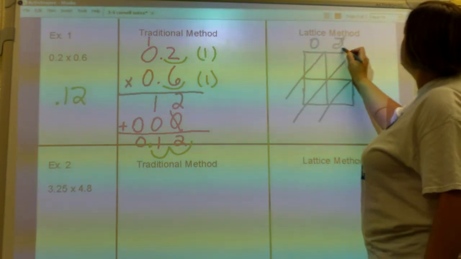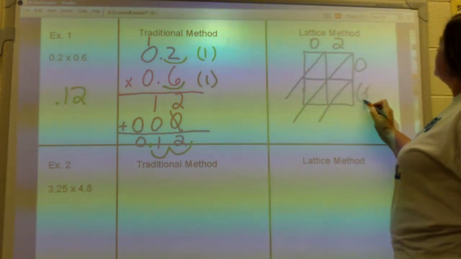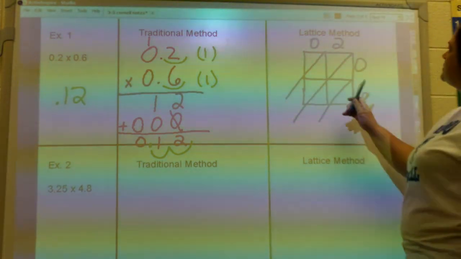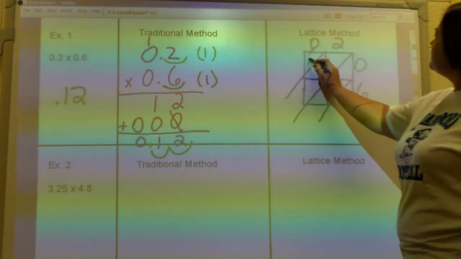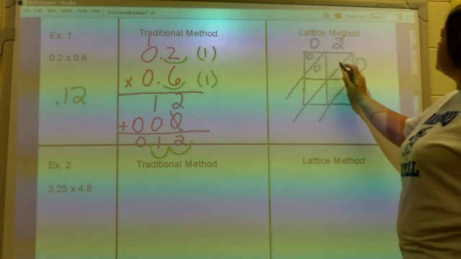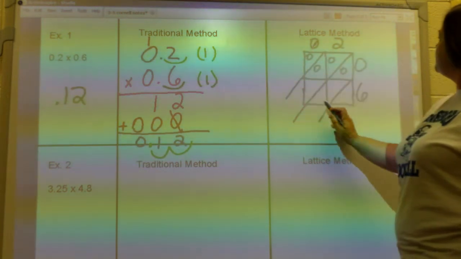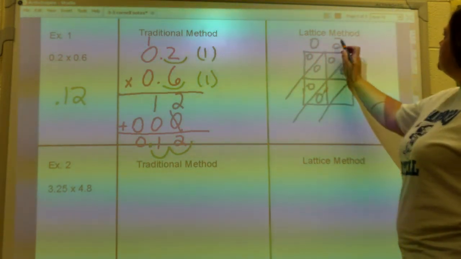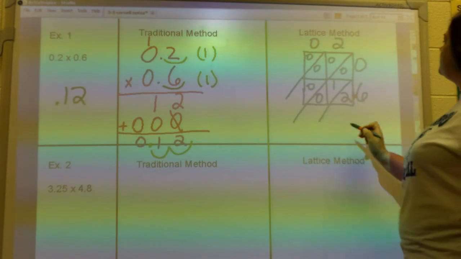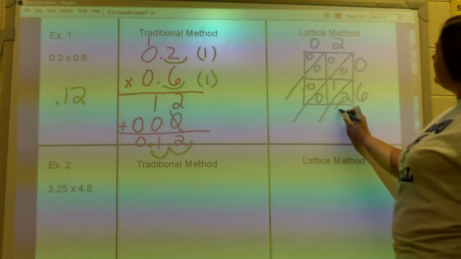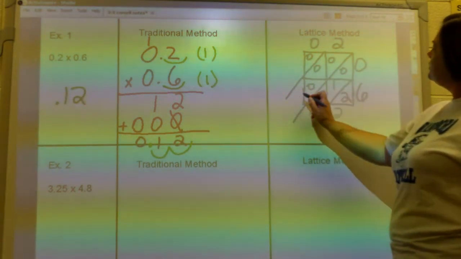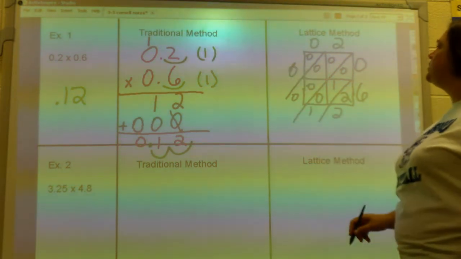So 0, 2, 0, 6. So doing lattice, I'm doing 0 times 0 is 0. 2 times 0 is 0. 0 times 6 is 0. 2 times 6 is 12. Adding, I have 2, 1, 0, 0.